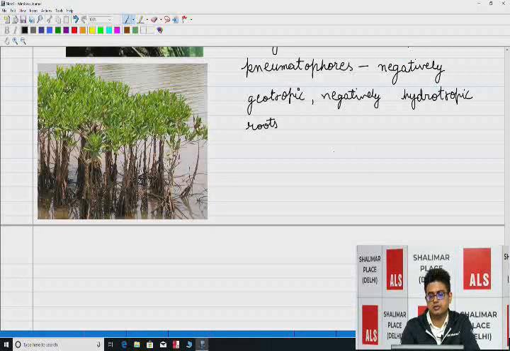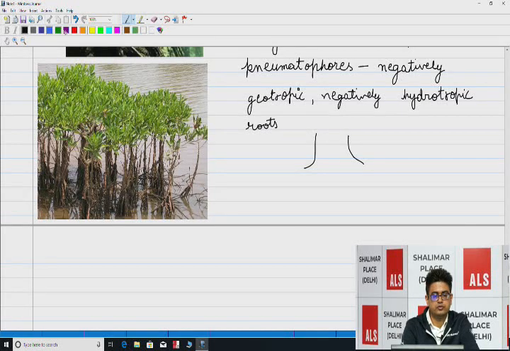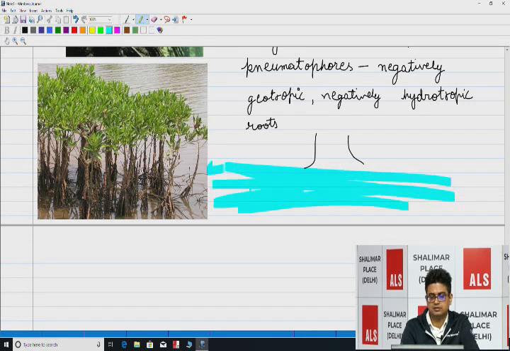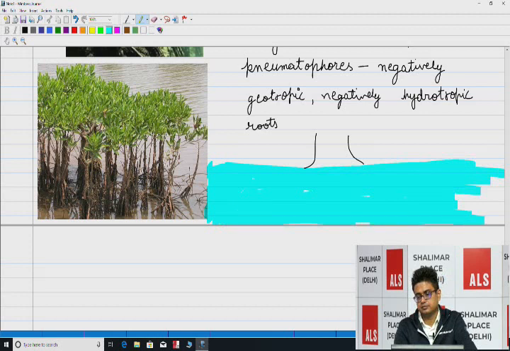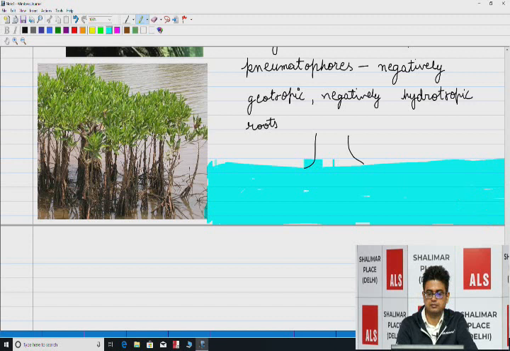So what happens is, a plant has this root system which is underwater. Yeah, this is some water here. Let's suppose this is some underwater area. So its roots are completely underwater now. And to prevent this kind of situation, what does the plant do?